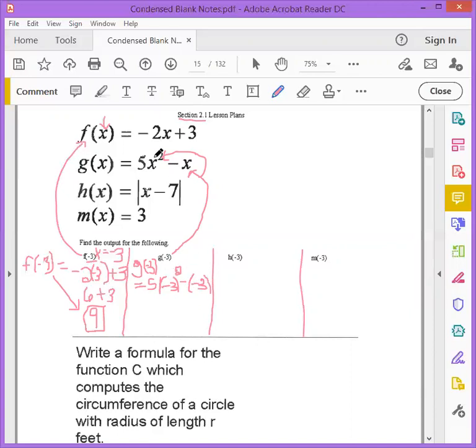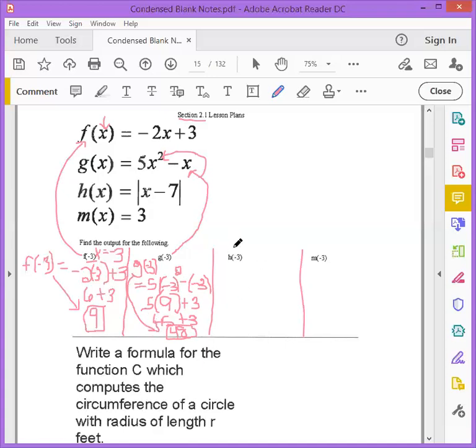Notice we place the x in parentheses, substituting -3. Now let's simplify. -3 squared will give us +9. Carry down the 5 that's in front of the parentheses. Now minus -3, that becomes +3. 5 times 9, and we'll get 48 as the value of the function when x is -3.